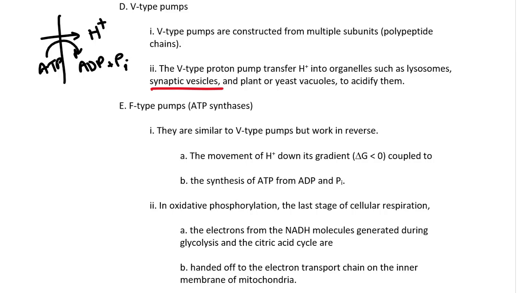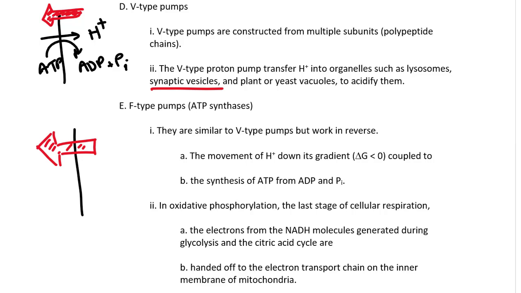What does this mean? Well, in the V-type case, you're moving H+ against its gradient. You can imagine the gradient for H+ is actually pointing in this direction, okay? So this is the gradient for H+.